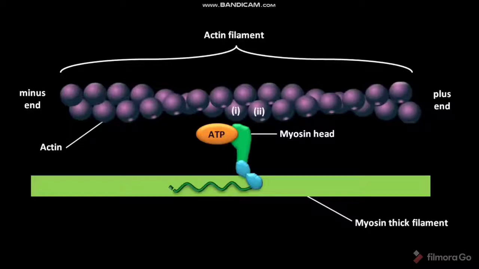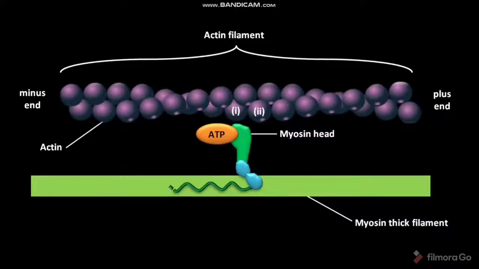This conformational change reduces the affinity of the myosin head for actin and also allows the myosin head to move along the actin filament. The cleft on the back of the myosin head then closes like a clam shell around the ATP.